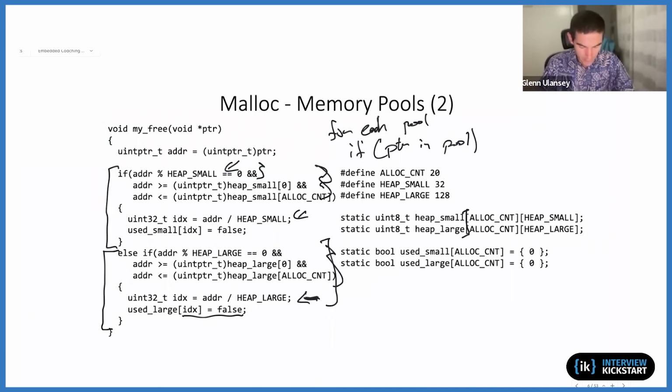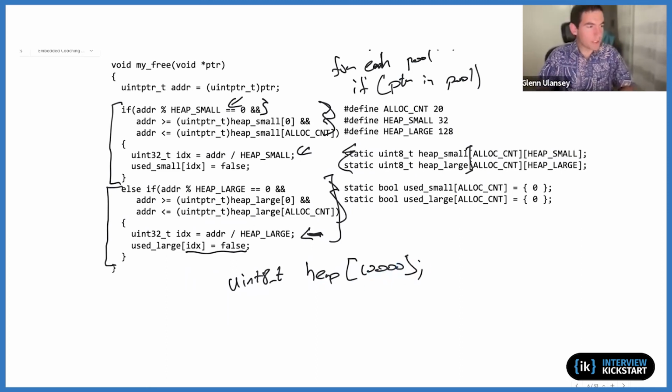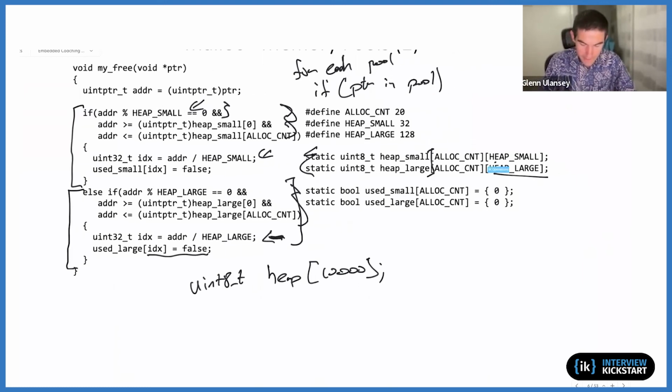For instance, we could have started off, rather than having this sort of system, instead just had a heap that was some arbitrary number of bytes. And what we could decide to do is at runtime, make allocations of these fixed sizes from that heap.